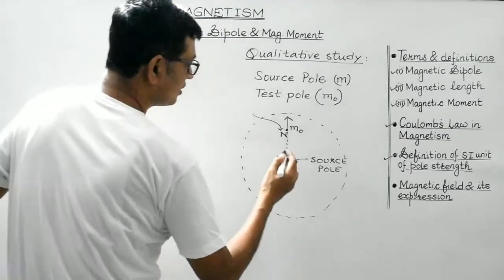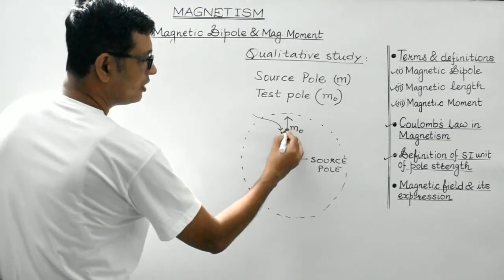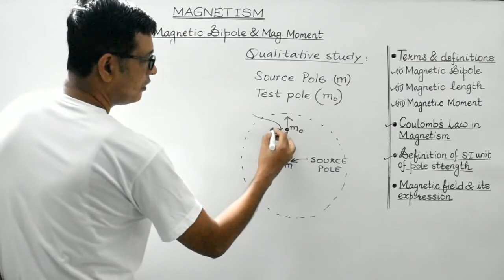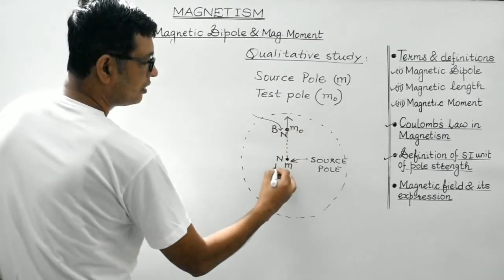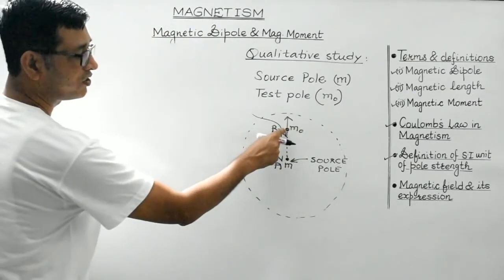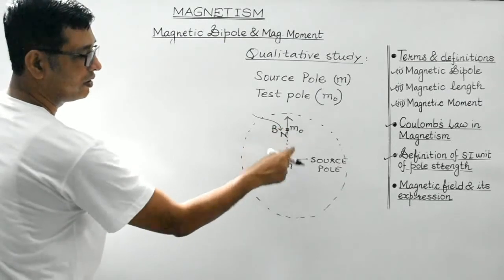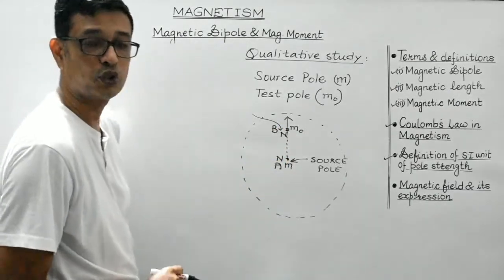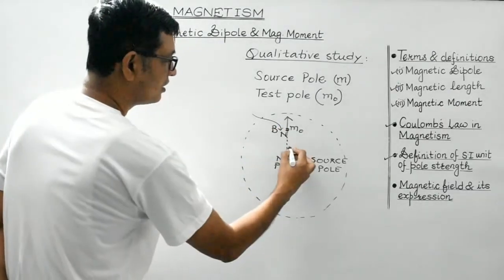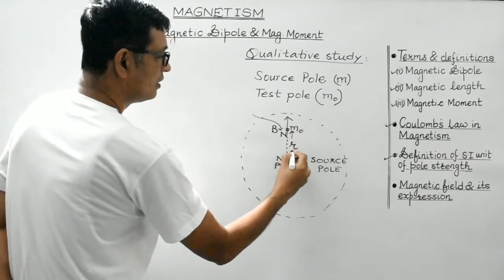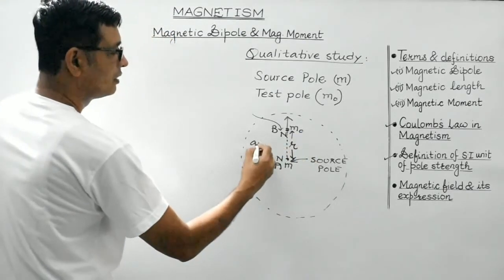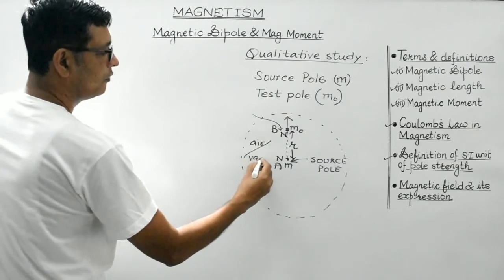Suppose at this point we intend to find out the strength of magnetic field due to this source pole. The distance may be considered to be r, and it is air or vacuum.